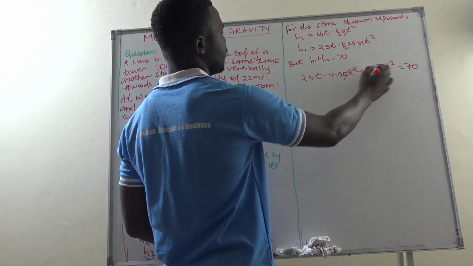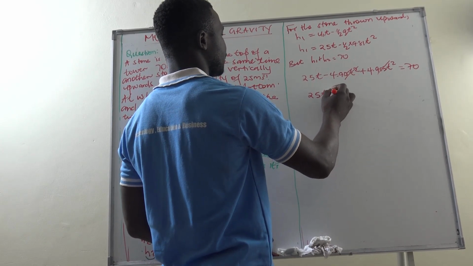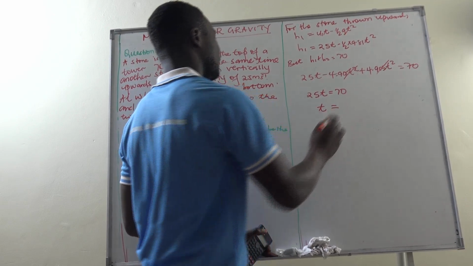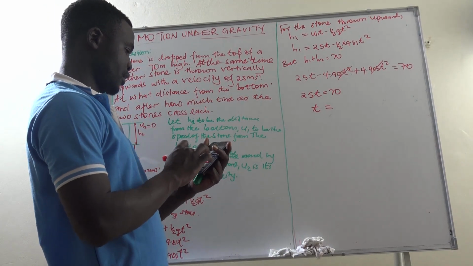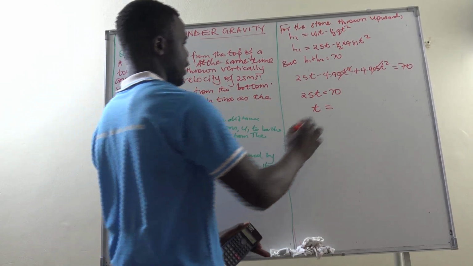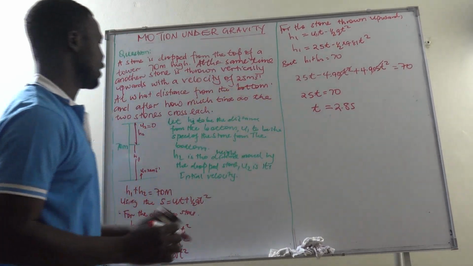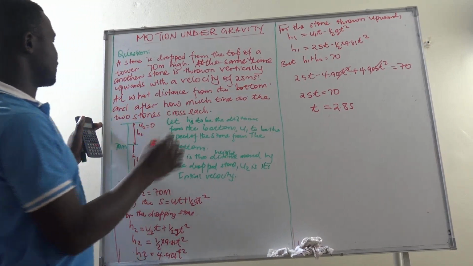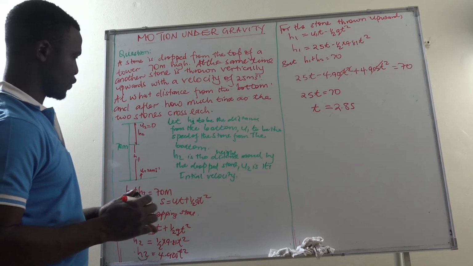Therefore, 25t is equal to 70. So we get 70 divided by 25, and the time it gives us is 2.8 seconds. So this is the time taken for the two stones to cross.